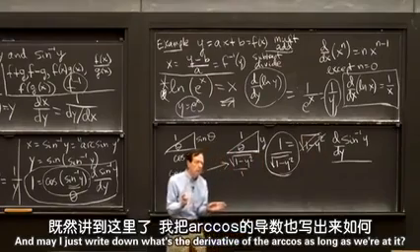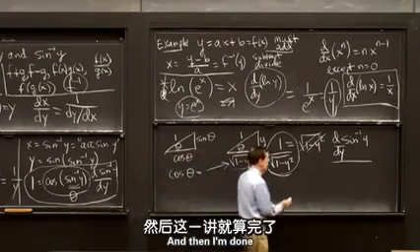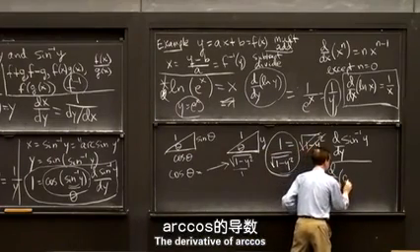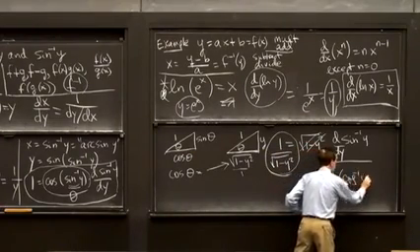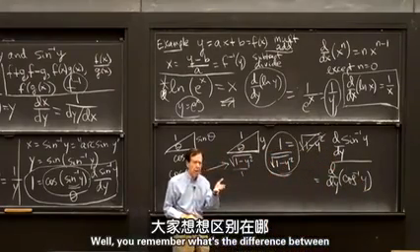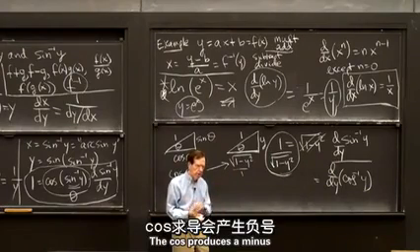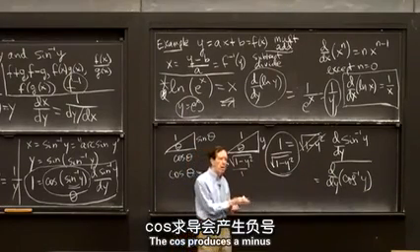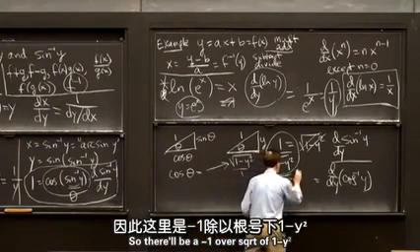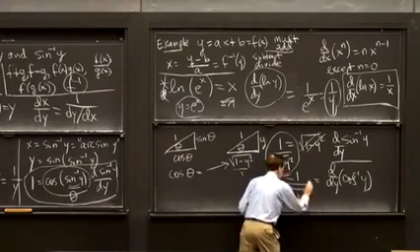And may I just write down what's the derivative of the arc cosine as long as we're at it, and then I'm done. The derivative of the arc cosine, well, you remember what's the difference between sines and cosines when we take derivatives. The cosine has a minus. So there'll be a minus 1 over the square root of 1 minus y squared.